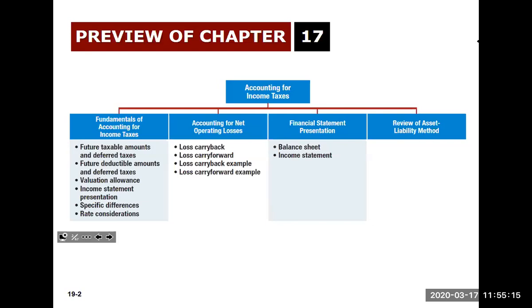One of the primary ways that companies delay paying tax is they use an accelerated depreciation method. You've had a personal income tax class that you have to take to get your undergraduate degree. You recall that MACRS, M-A-C-R-S, Modified Accelerated Cost Recovery, is an accelerated depreciation method.